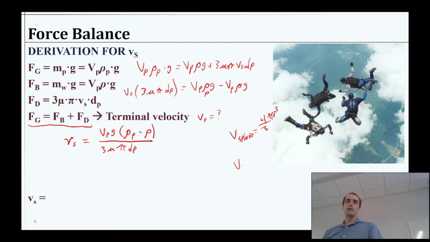And so let's say Vs equals 4/3 pi, diameter over 2 is the same thing as radius, cube that whole thing. And so that becomes Vs equals 4 over 3 times 8, 4 over 24 pi diameter cubed.